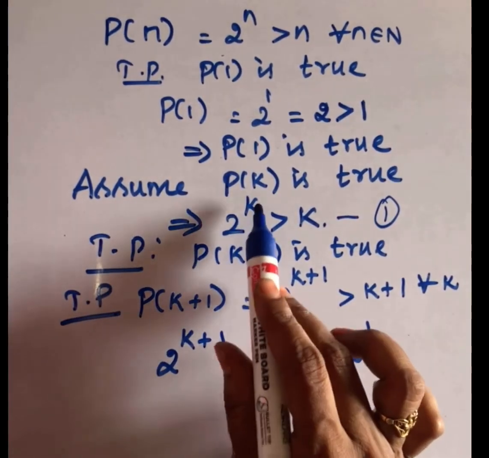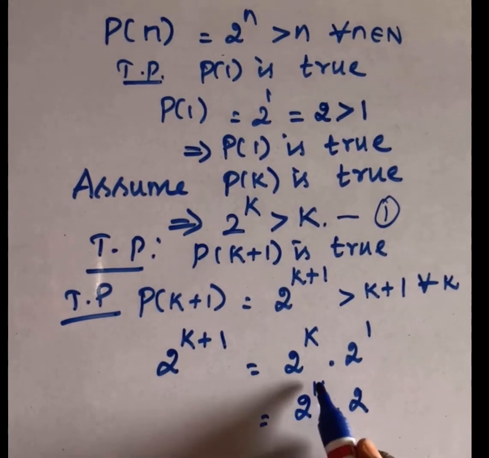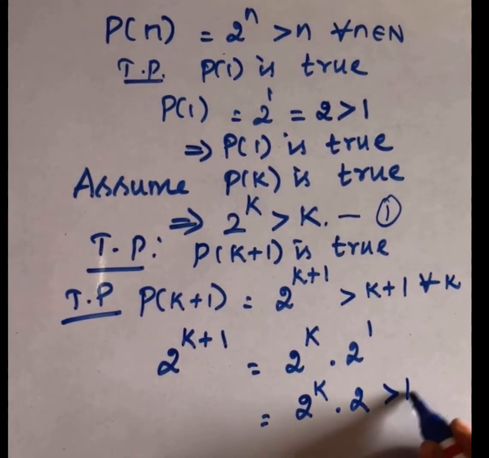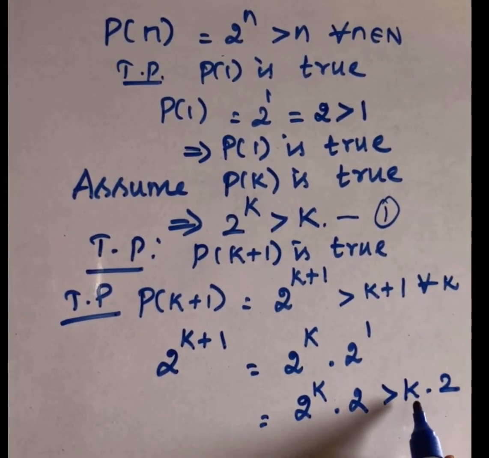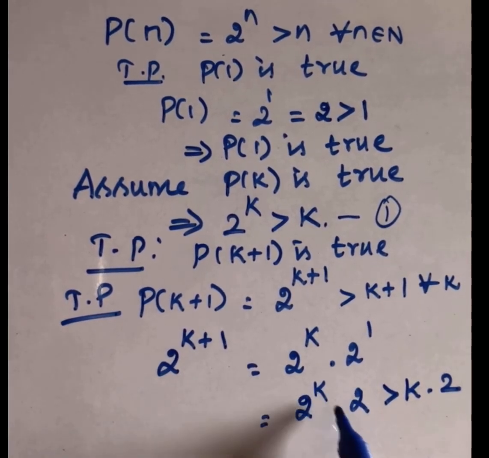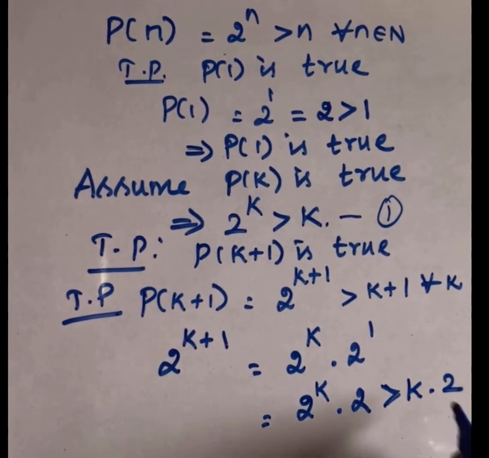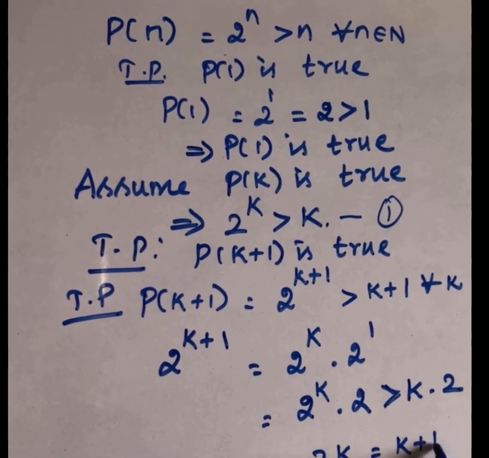Here 2 power k is greater than k, right? So 2 power k into 2 must be greater than k into 2, because 2 power k is greater than k, and 2 is already there. K into 2, that is 2k. 2k can be written as k plus k.